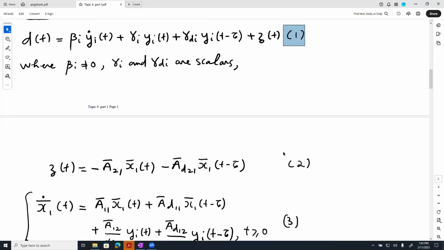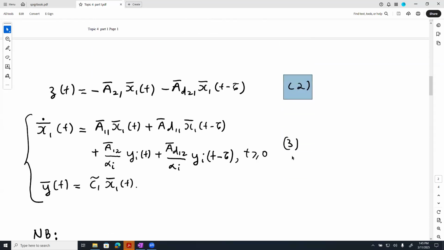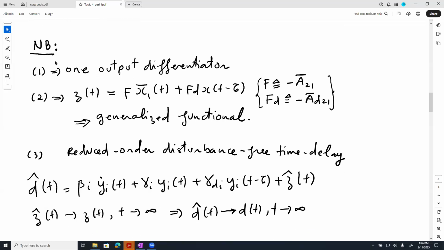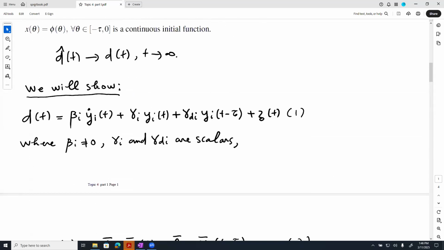We have the linear combination of the stack vector and its delay stack vector. We call it a generalized functional, and we obtain a reduced order disturbance-free time delay system. That is what is explained here. In equation 1, we just have one output differentiator, which is this one here.